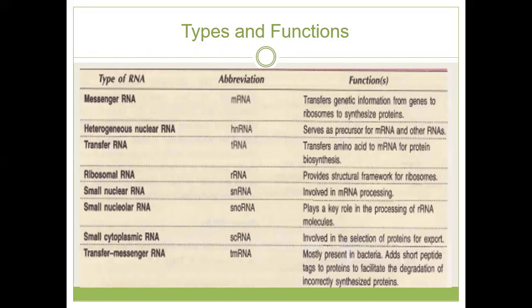It is like the workbench where the amino acids will be taken and the peptide bond formed. And then we have small nuclear RNA that is involved in messenger RNA processing. We have cytoplasmic RNA. We have transfer messenger RNA. So all these are also classes of RNA which we would talk about.